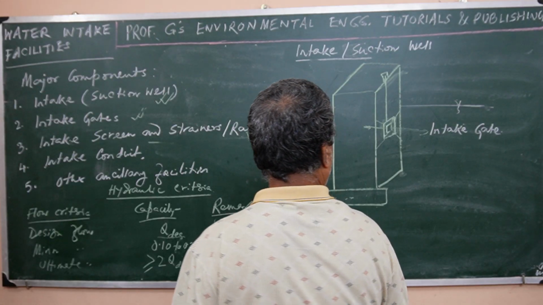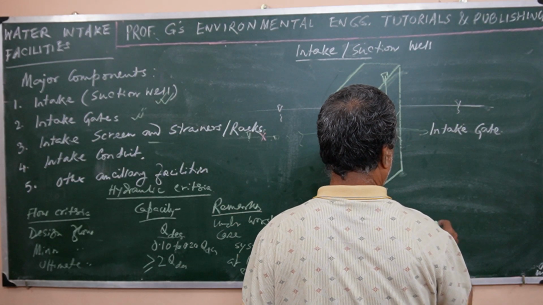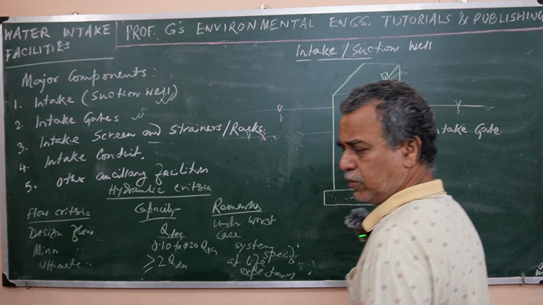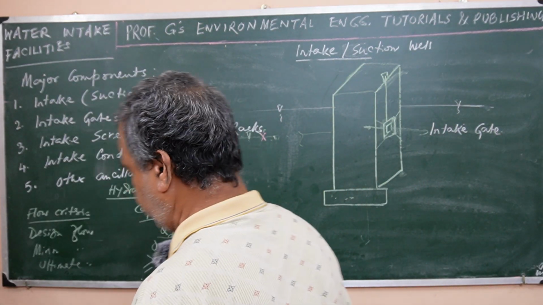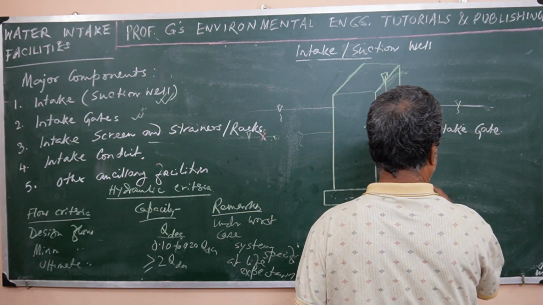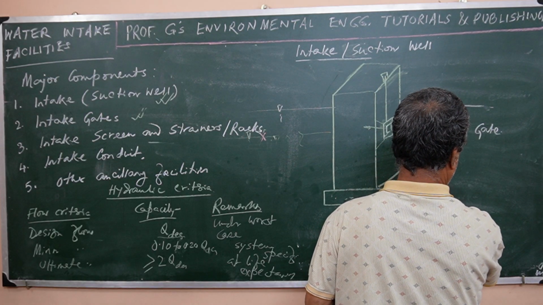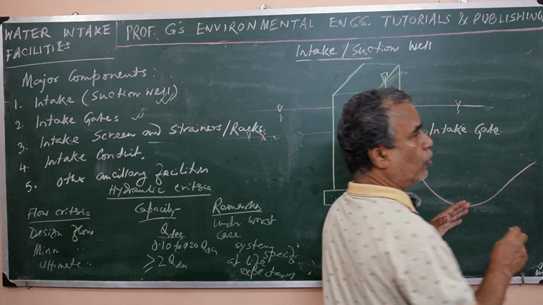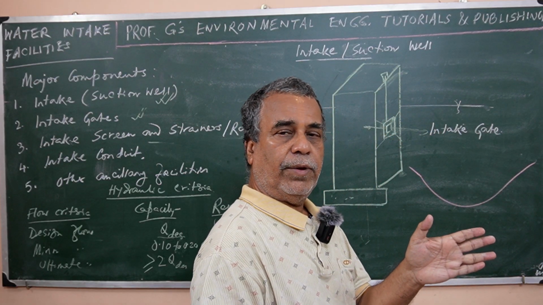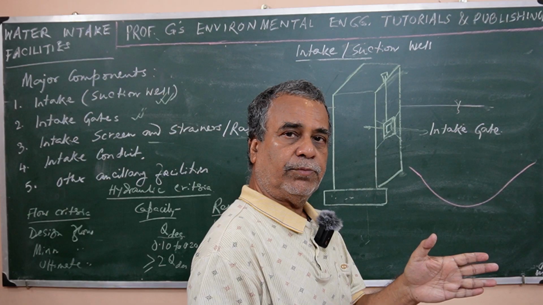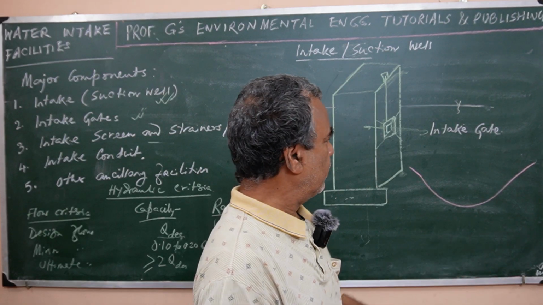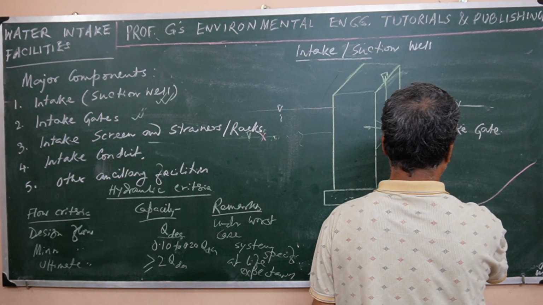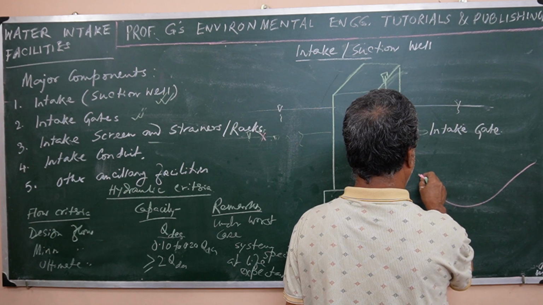So you see that this is suppose a river system. This is a river, a sort of cross-sectional or front profile or side view of that, right? It is not really a cross-section, you can say side view.